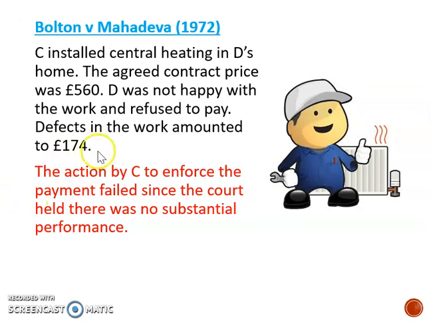In other words, the defects were too large compared to the agreed price, so unlike in Honig and Isaacs, where he could get this price minus the defects, here they sort of applied Cutter and Powell and said, no, you're not getting anything. So you always need to compare Honig and Bolton and understand that the judges are going to make a subjective decision on whether they think there has been substantial performance or not.